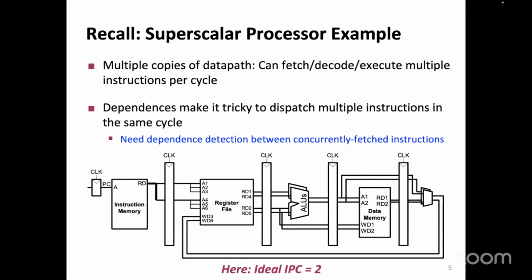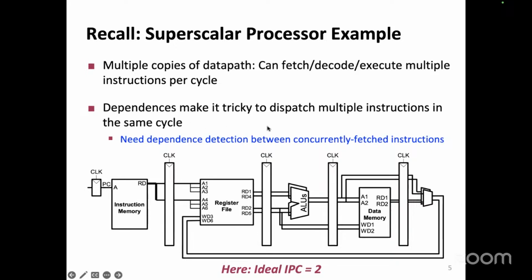Basically, to be able to execute or fetch multiple instructions per cycle, we need to essentially have a mechanism to fetch multiple instructions per cycle, decode, and access the register file for multiple instructions. Here, you're seeing only 2 instructions. ALUs, enough ALUs to execute concurrently multiple instructions per cycle, enough ports to memory, etc. But of course, dependencies make it tricky.